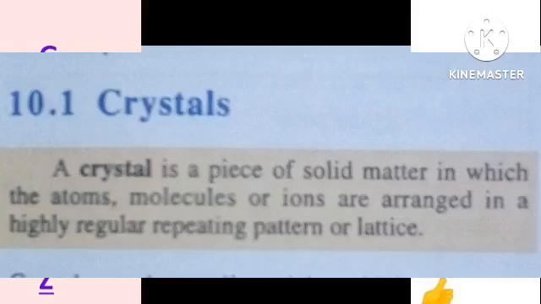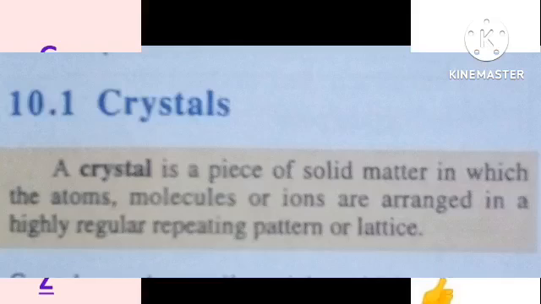A crystal is a piece of solid matter in which the atoms, molecules, or ions are arranged in a highly regular repeating pattern or lattice. So you have a regularly repeating pattern of molecules in that substance, and they repeat this pattern till the end. If the molecule continues to infinity, the same pattern will continue. So this is how crystals work.